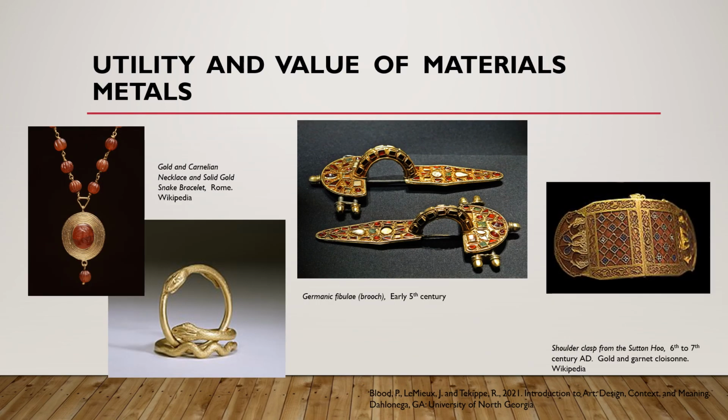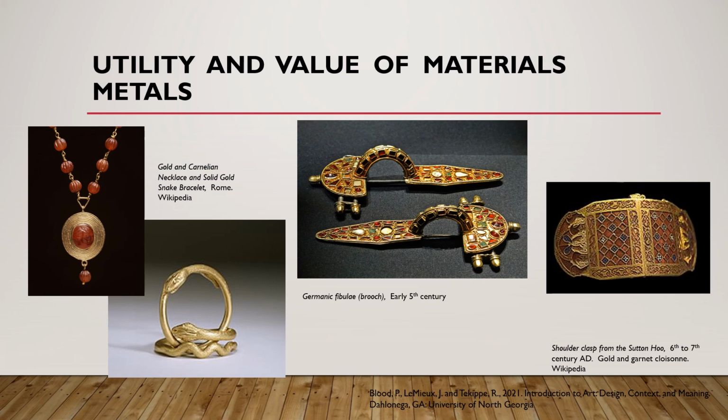We all know about metal being very valuable for jewelry making. So on the left-hand side, we have a golden carnelian bracelet or necklace, and a solid gold snake bracelet. Those are both Roman in origin. Then we have a Germanic brooch, which is a pin.